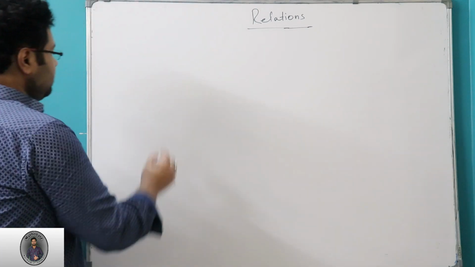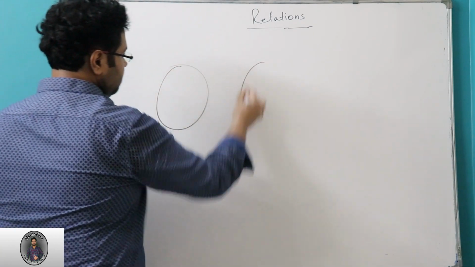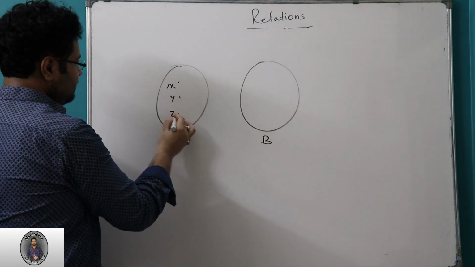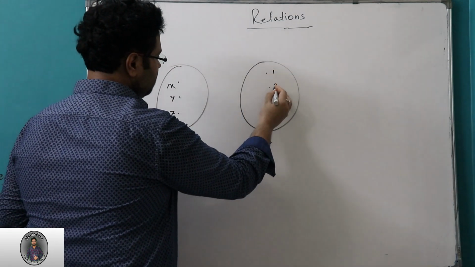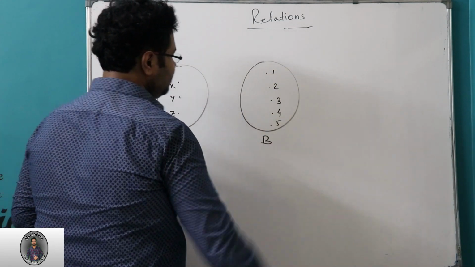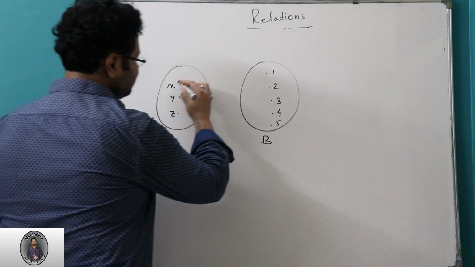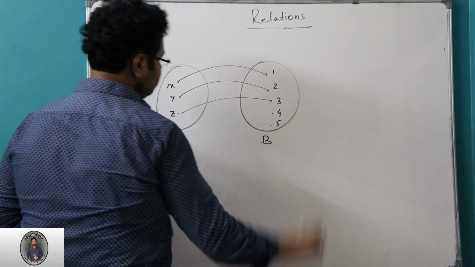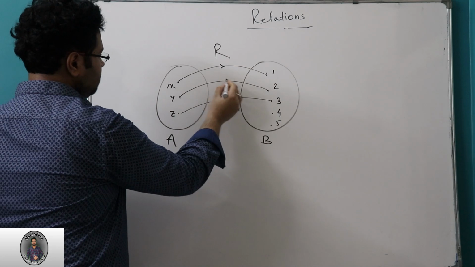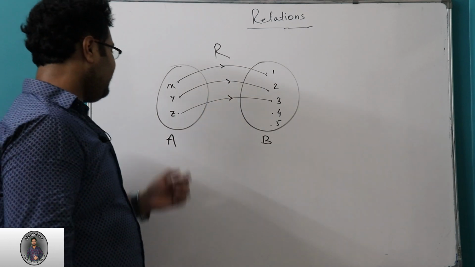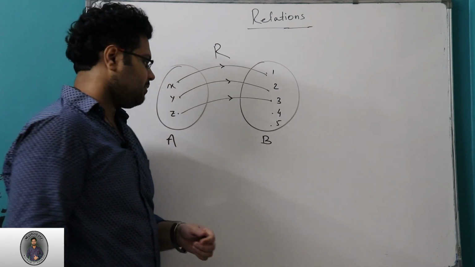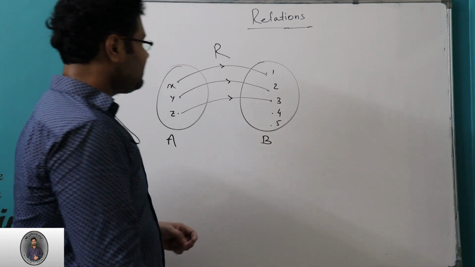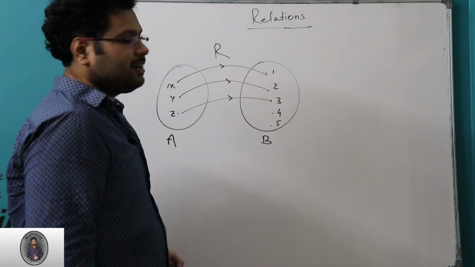So if I draw a figure, suppose this is the set A, this is the set B, and I am taking any three elements X, Y and Z in A, and 1, 2, 3, 4 and 5, these 5 elements in B. So if we assign X to 1, Y to 2 and Z to 3 by that relation, the set A will be called the domain set of that relation, and B will be called the codomain set, and the set which consists of the elements 1, 2, 3 will be called the range set.